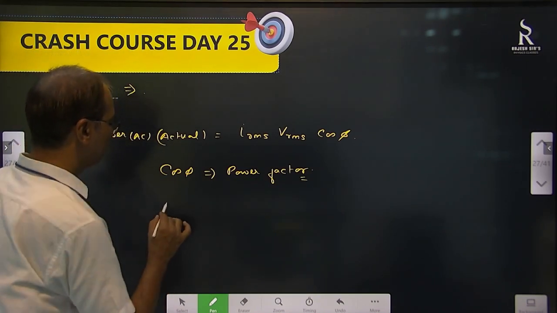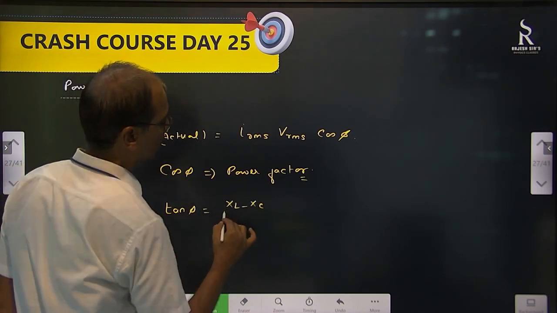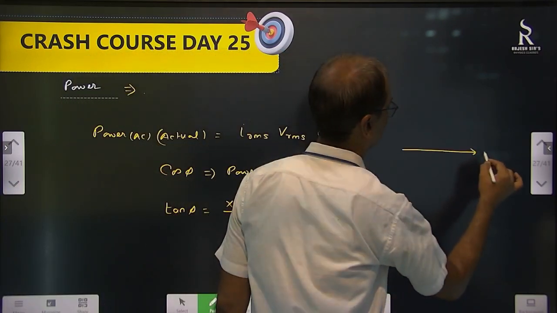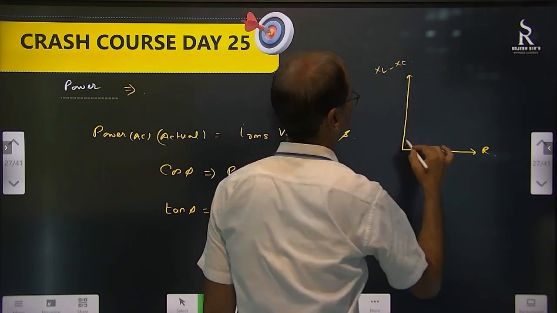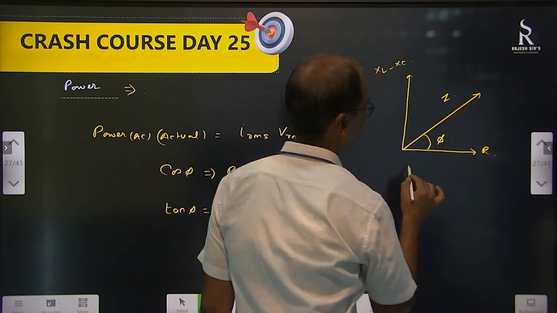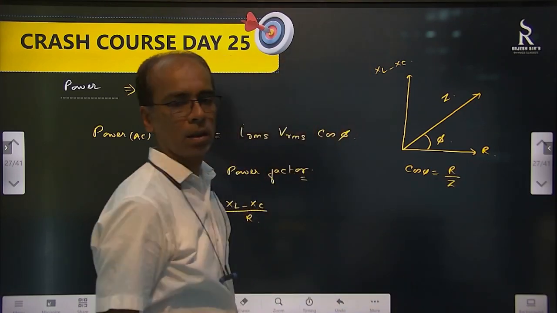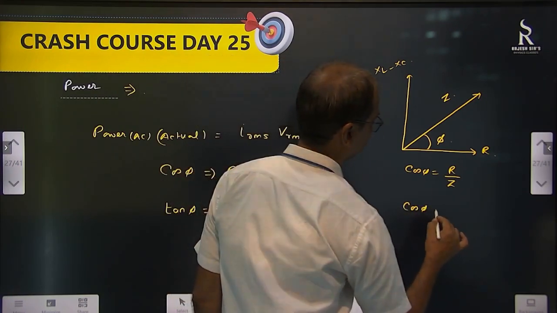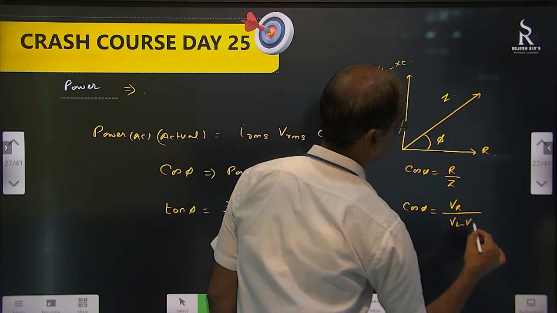Now is this phi the same that we were calculating as a phase difference? Answer is yes. A little while ago we were writing tan phi is equal to XL minus XC by R. If you make the graph also, this is R here, and let's say this is XL minus XC, and this is Z, and this is phi. That same phi only. What is cos phi here? Cos phi is R by Z. Or if you want to write in terms of potential difference, then it is VR by VL minus VC.